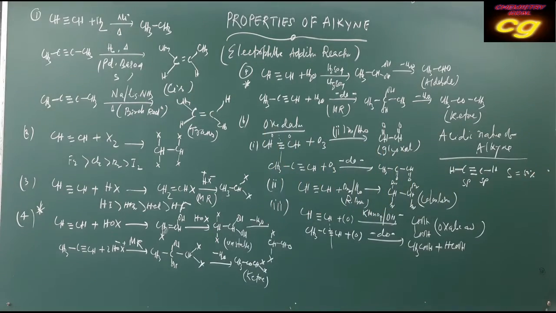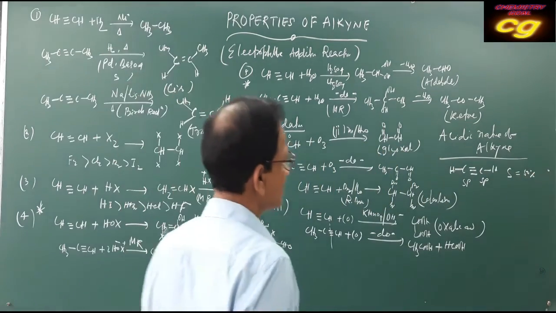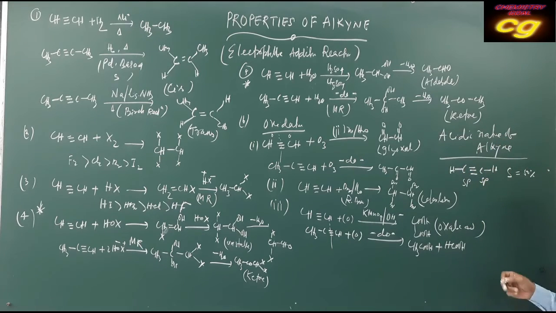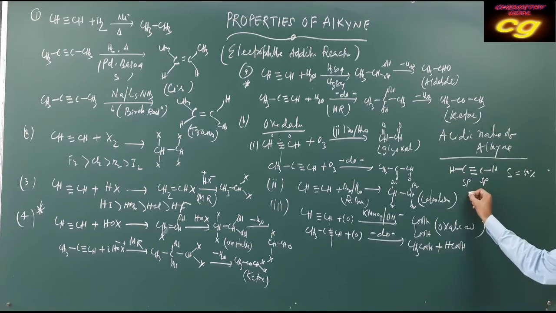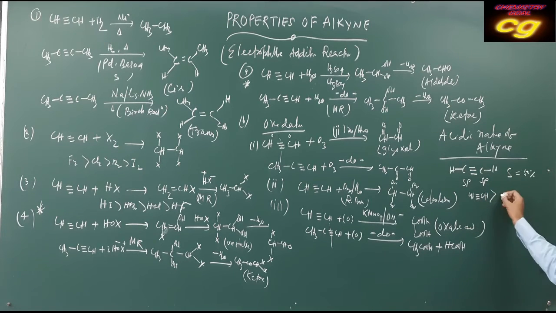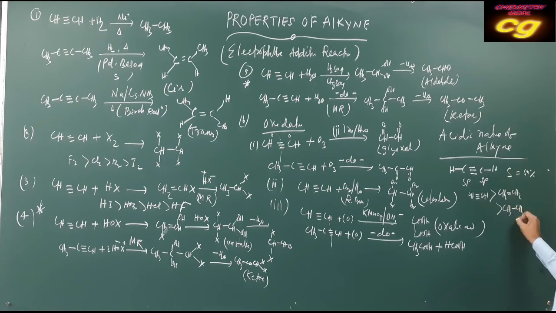As it has 50% S character, the electronegativity of this carbon is more compared to alkene. You see, in CH triple bond CH, this carbon is more electronegative than in double bond and single bond. If electronegativity is more, then the acidic character of this CH bond is more.